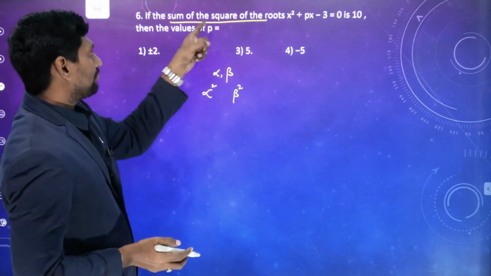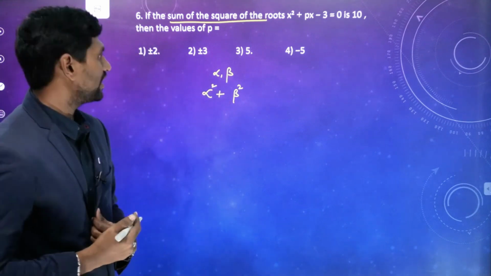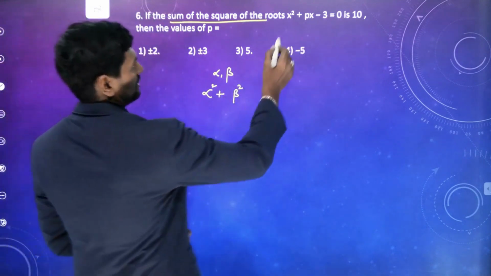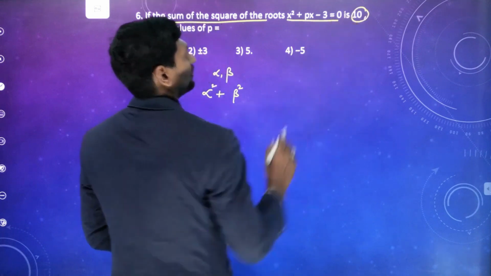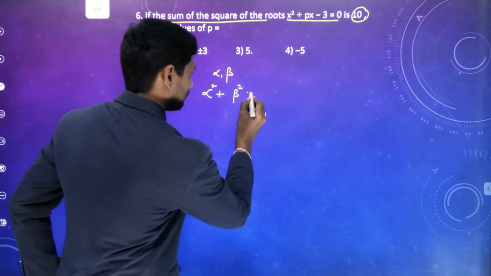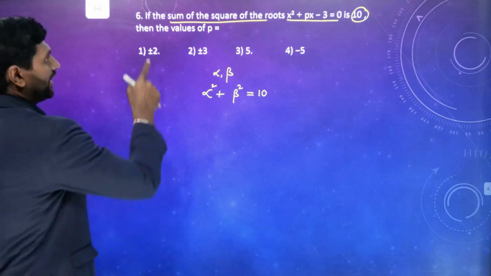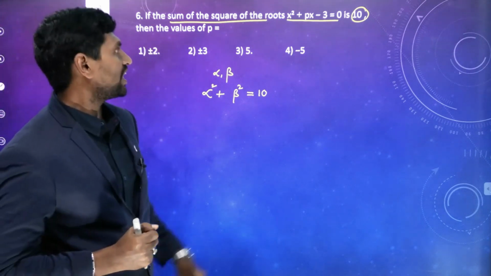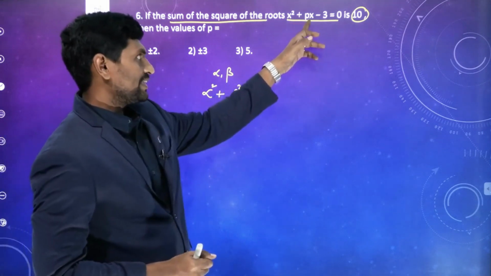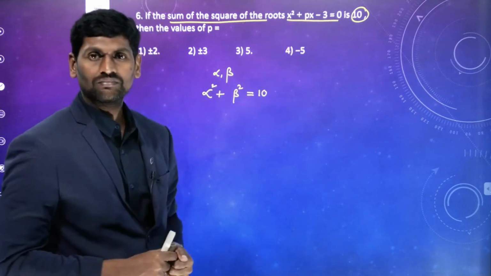And the sum of the squares of roots is nothing but alpha square plus beta square, that is equal to 10. Now the value of p, p is the unknown value in the given quadratic equation x square plus px minus 3c. Here p is the coefficient of x.